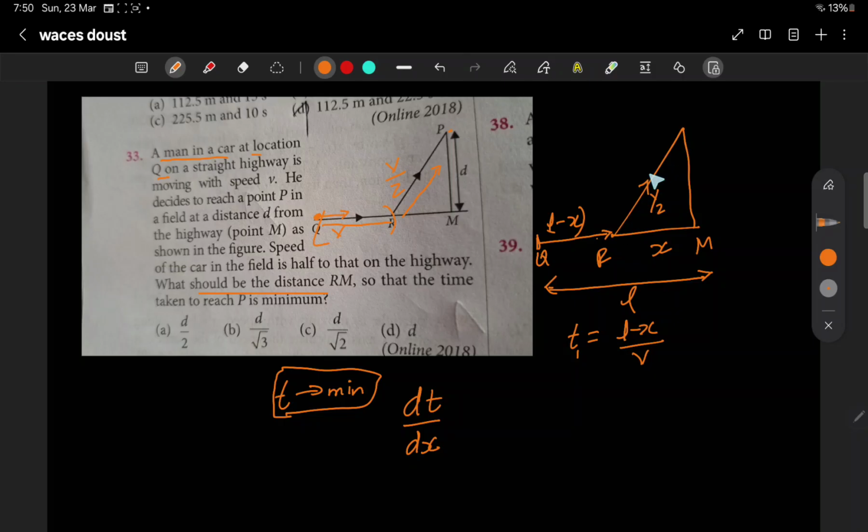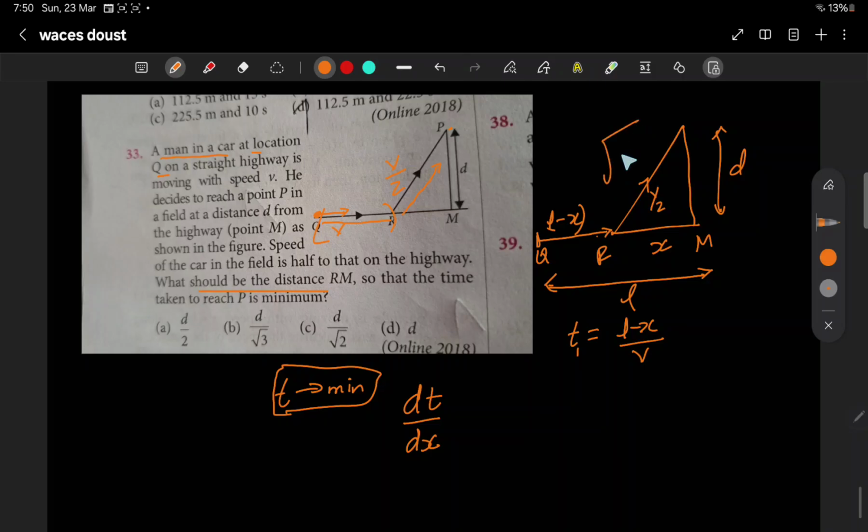Now the distance from here to here I don't know, correct? But in the question this distance is given as d. So what we can do is apply the Pythagoras theorem. What you will get here is root of x square plus d square. Next, t2 is nothing but again distance by velocity. Distance here is root of x square plus d square, velocity here is v/2.